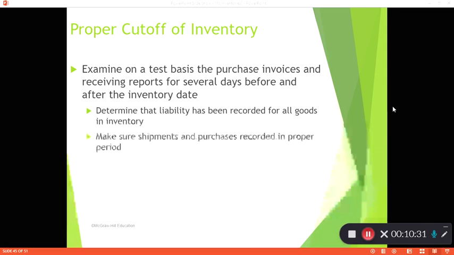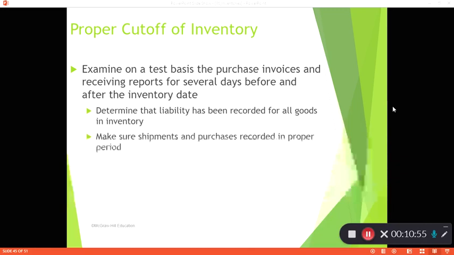And obviously, this is also going to depend on shipping terms, right? So if we have FOB destination, then receiving reports are the date where we want to see the client recorded liability, because that's the date they actually incurred the liability, right? Is the date they received the goods. And so we'll test to make sure that's the case.